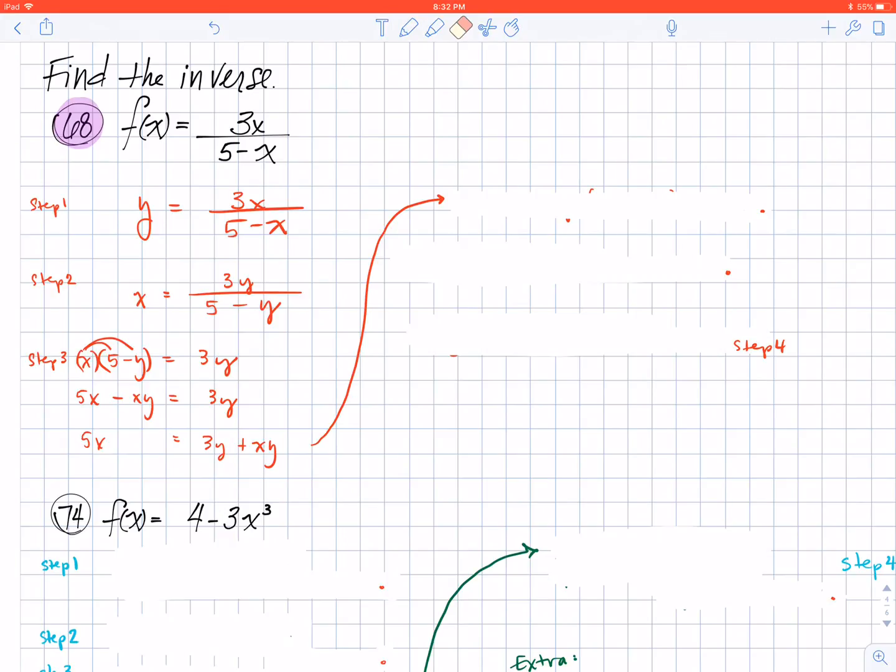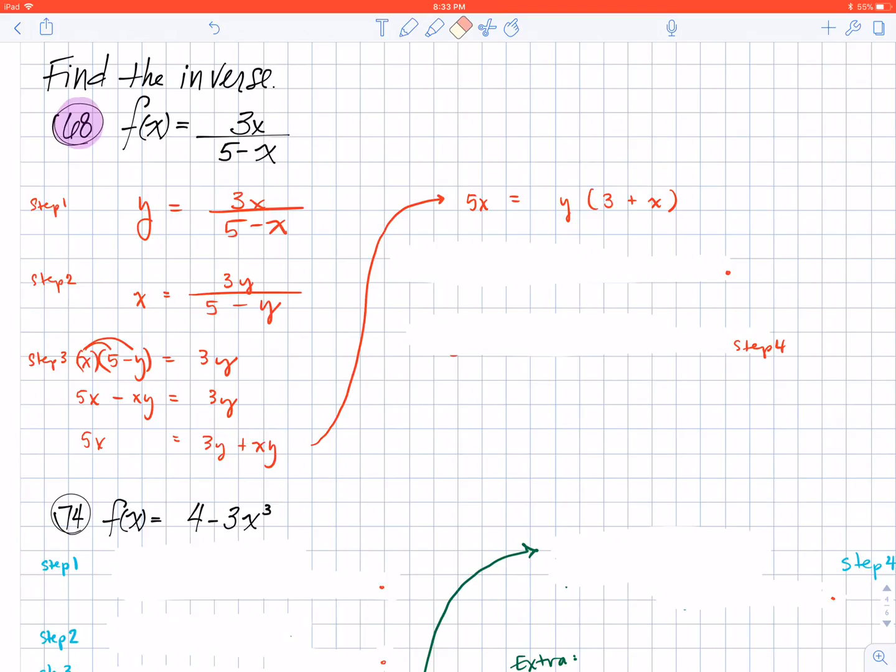Well, now I can use a little bit of factoring. Yes, we are back at factoring. And you'll notice that I took that y that was in the two terms over here on the right side and I factored it out. This is undistribution, but it's called factoring. And now I only have a single y, so I can get my y by itself.